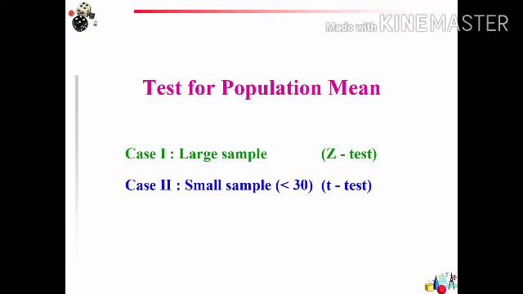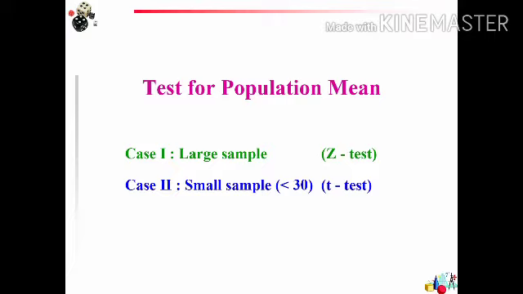Let's start with the test for population mean. There are two cases. Case 1, when the sample size is large, we apply the Z-test. Case 2, when the sample size is small, that is, less than 30, we apply the t-test. This is a one sample test.